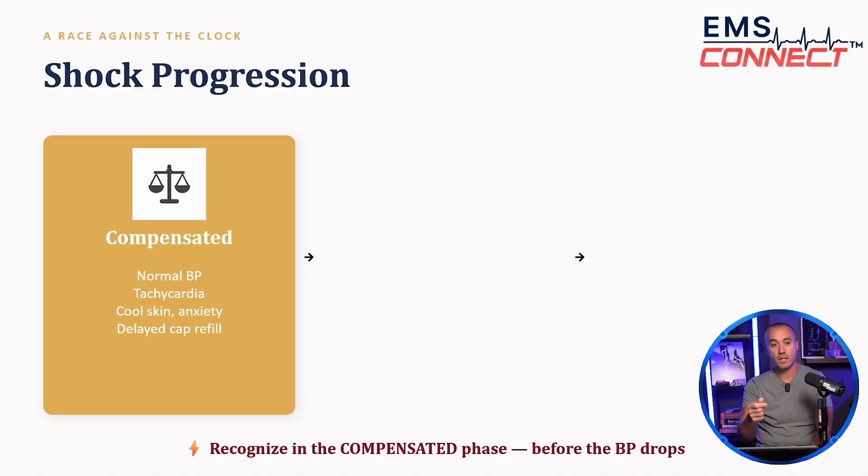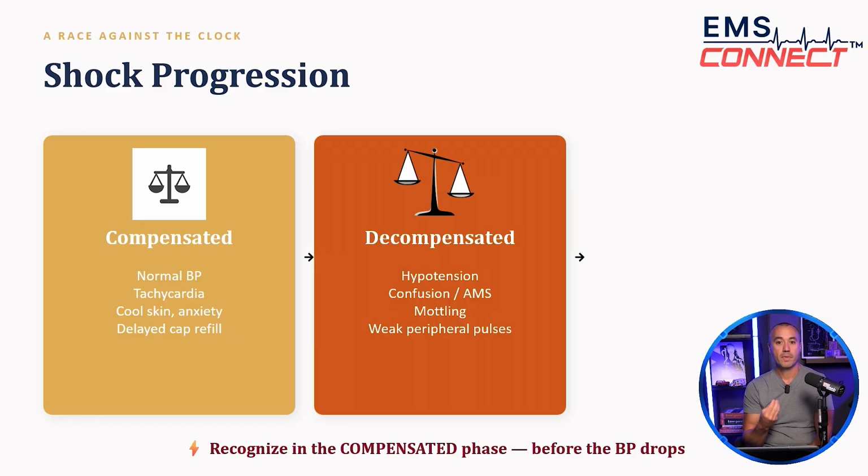Remember our equation, heart rate times stroke volume for cardiac output, right? Heart rate's going to go up to try to maintain mean arterial pressure. So tachycardia. Well, we can start to see some signs of decrease in perfusion. What that'd be is cool extremities, anxiety, again, that mental status, and start to see a peripheral delayed capillary refill.